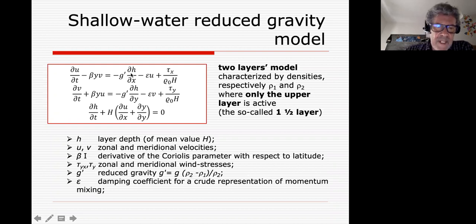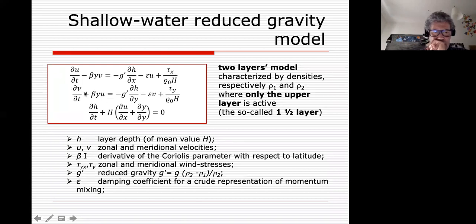This is nothing more than the reduced gravity term and the derivative of H. This means this is a pressure gradient due to changes in H. H is the layer depth, and this is a dissipation, a generic dissipation, a damping coefficient. It's a very crude representation of the mixing, and this is the wind stress.